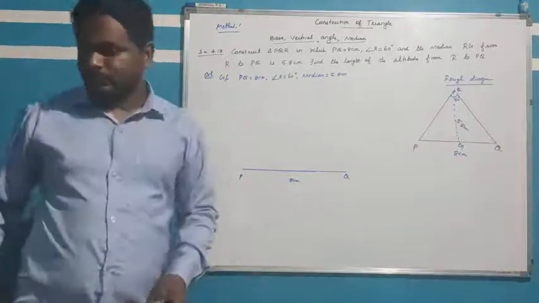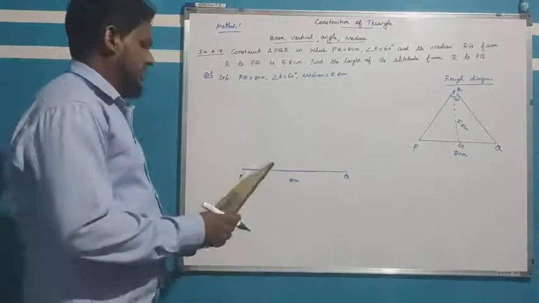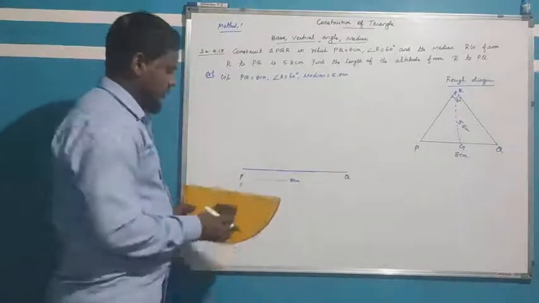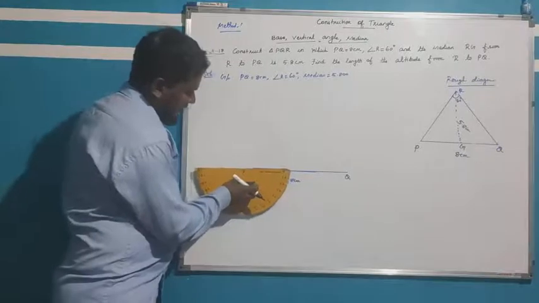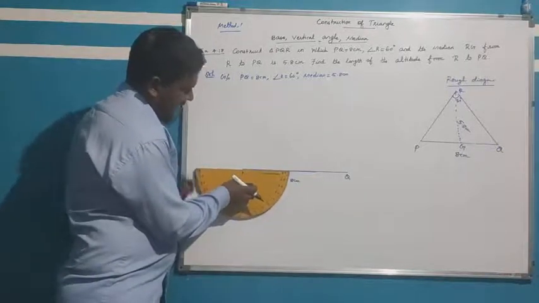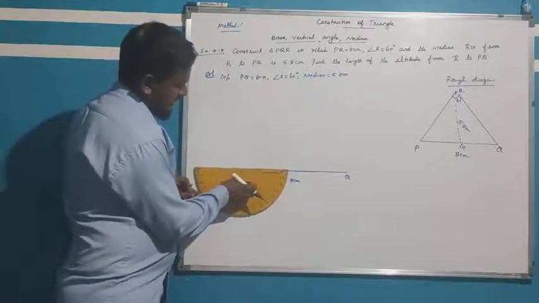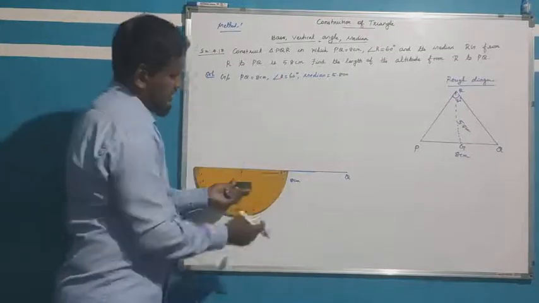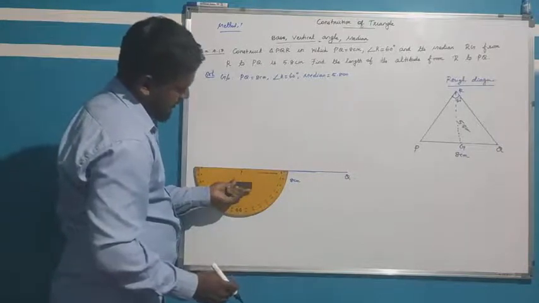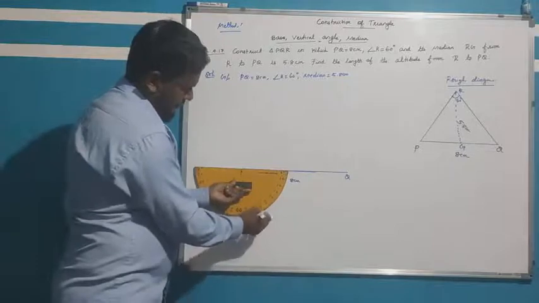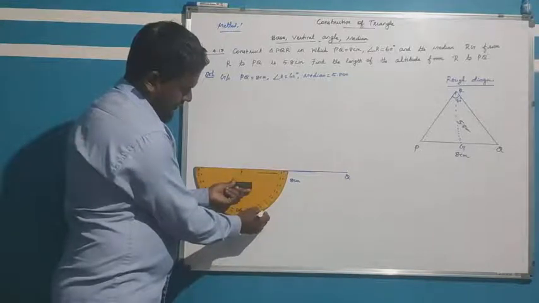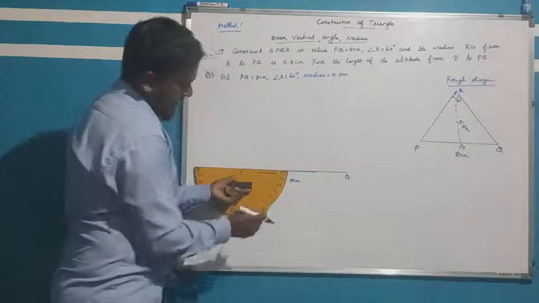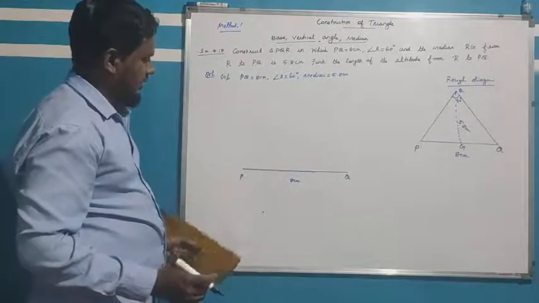After that, take the protractor and place it at the first point, P. Place the protractor correctly on this line. Then the vertical angle given is 60 degrees. You have to mark 60 degrees as an acute angle.